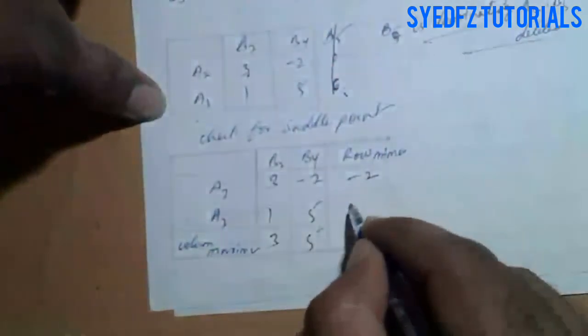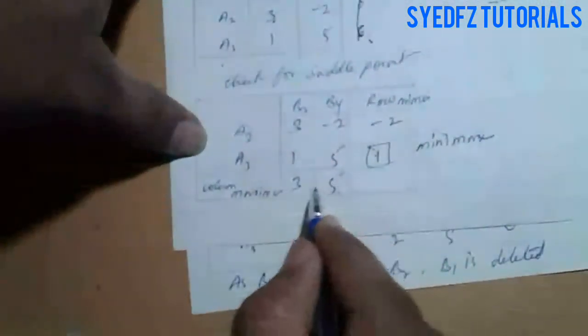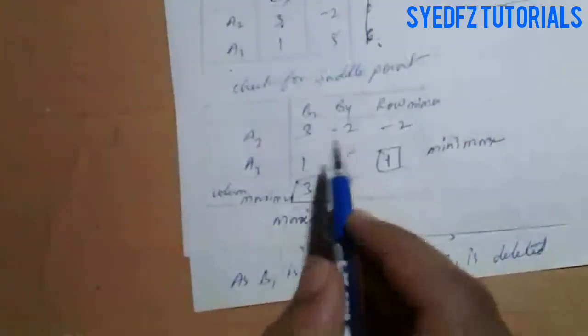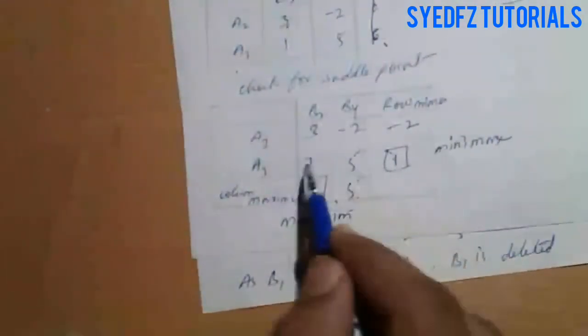The max of the minima is 1, the min of the maxima is 3. So we didn't get the saddle point. So now we have to go for the formula.